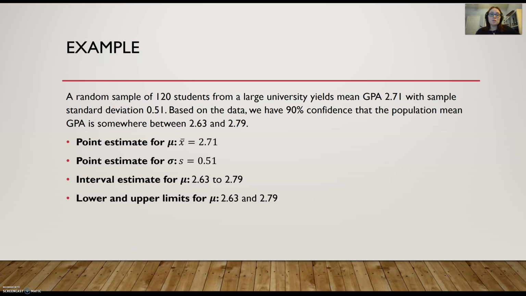Those two values are the lower and upper limits of that interval, so we use those terms a lot as well. The confidence level was 90%, which I may use in calculations, so I'm going to use the decimal form of 0.9 for a lot of these. So that's the nuts and bolts, the parts of a confidence interval. We need a few more formulas, though, to get us to our final answer.